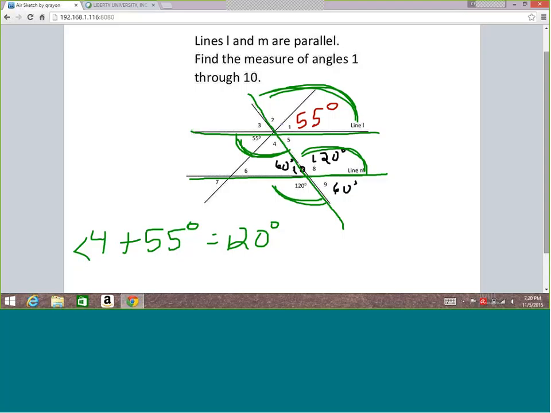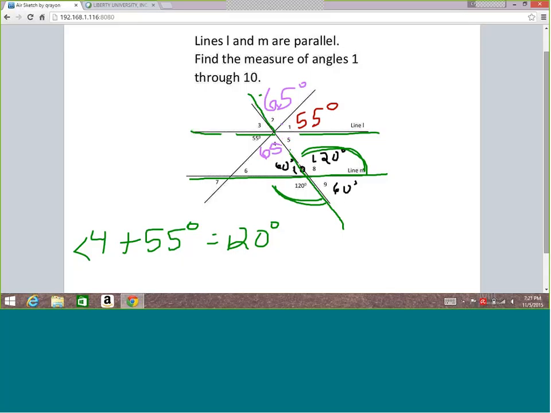So that tells me that angle 4 is 65 degrees, which also means angle 2 is 65 degrees. That's 65, that's 65. Oops, not 650. Okay, so we have angle 1 is 55, angle 2 is 65, angle 4 is 65.